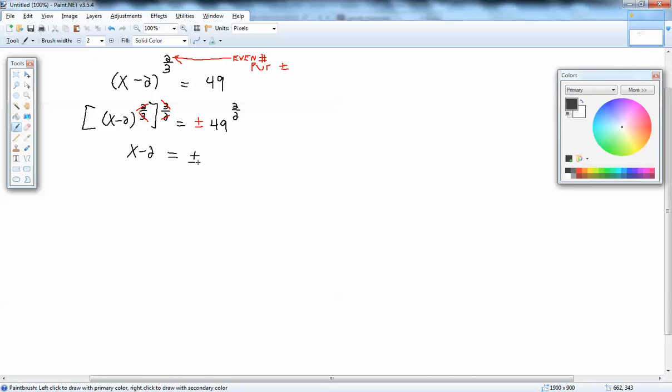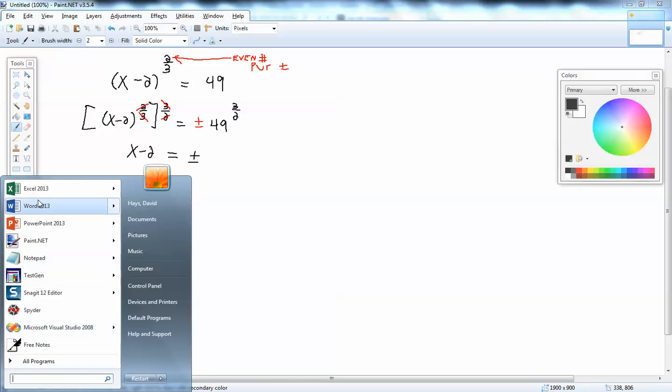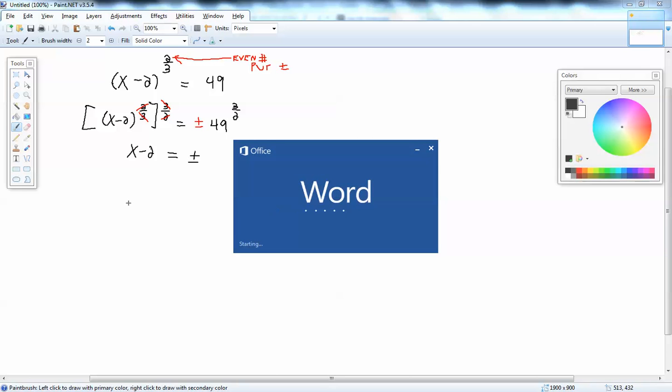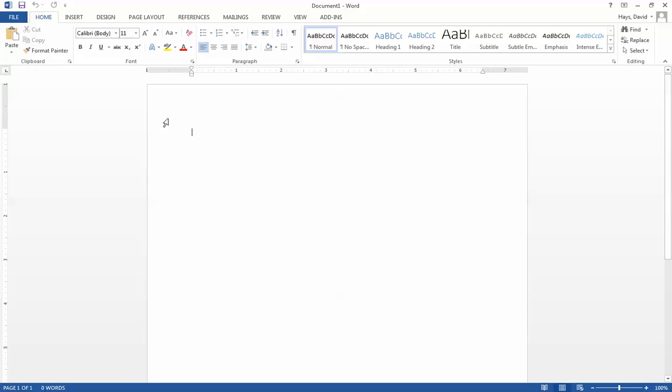Now this 49 to the 2/3, or 49 to the 3/2, let's talk about that. I'm going to give you the steps. This is a number to a fractional power where the numerator is greater than 1.